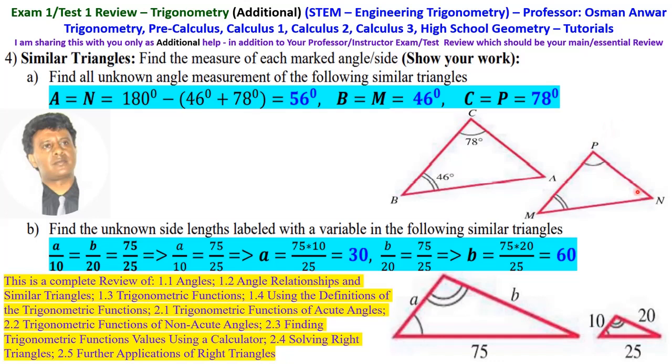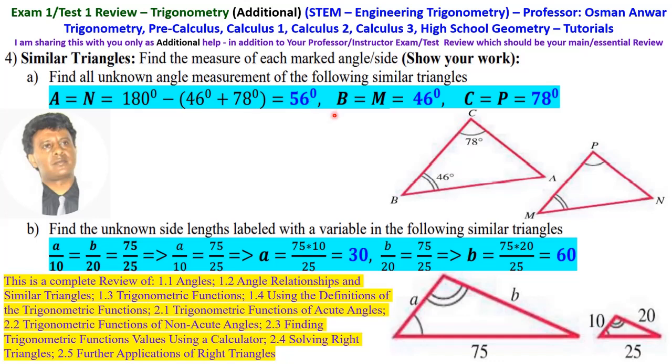Angle B is equal to M, that is 46 degrees. Angle C is equal to angle P, which is 78 degrees. Then angle A is equal to angle N, and that is equal to 180 degrees minus 46 degrees minus 78 degrees, which is 56 degrees.